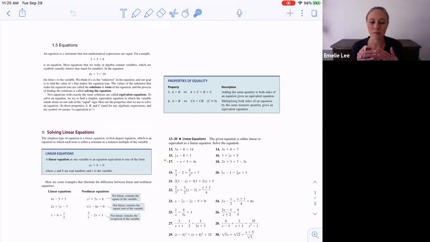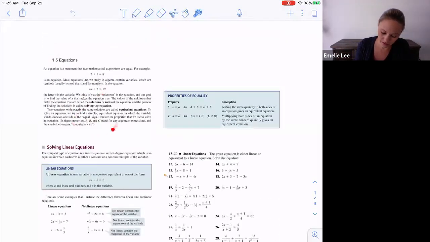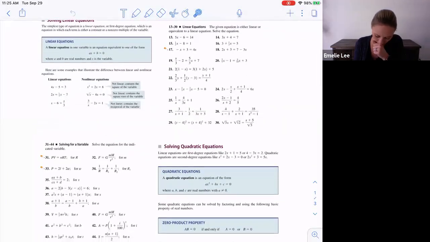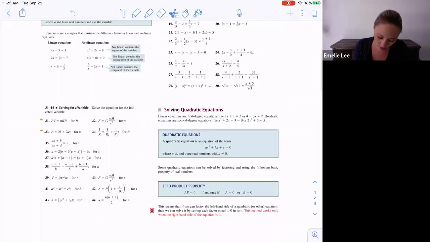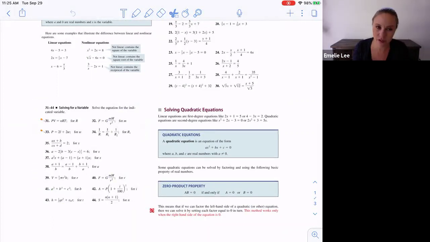So an equation is anything where we have an equal sign, and we should be very comfortable solving equations, right? All this is just kind of for extra knowledge. For us, where I want to start is just solving for different variables in an equation.